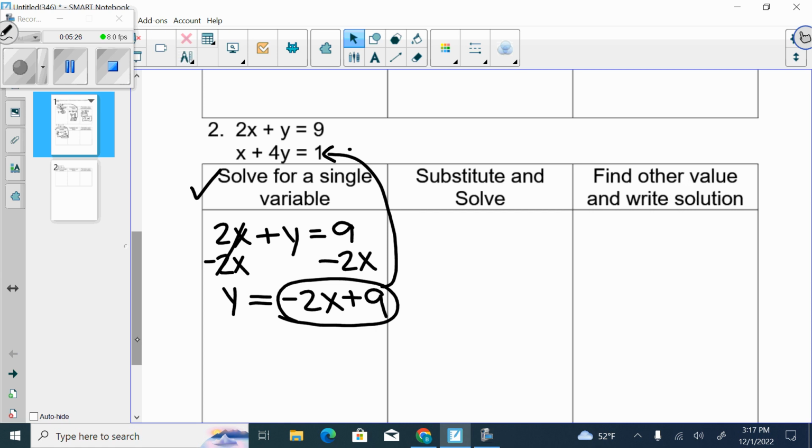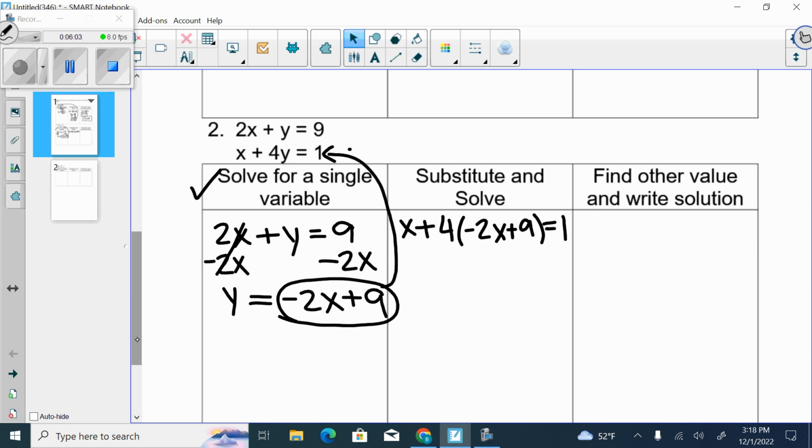So the equation starts out as x plus, what's next? 4, okay. And then it was times y, right? But what did we say we can replace y with? Right, negative 2x plus 9. There we go, good. All right, and then we finish writing the equation. So it equals 1.